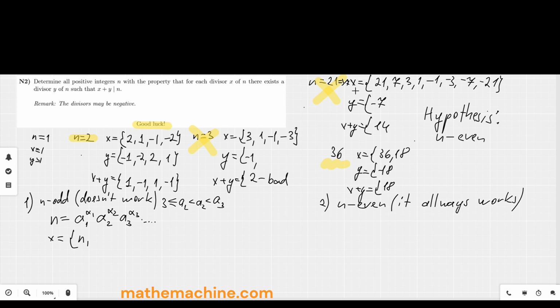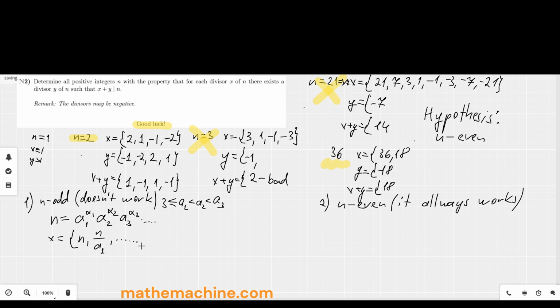So we divide the largest divisor by the smallest prime. Here it works just the same way. The second largest divisor of n is, if we take alpha 1 minus 1 instead of alpha 1, so the second divisor is n over a1.